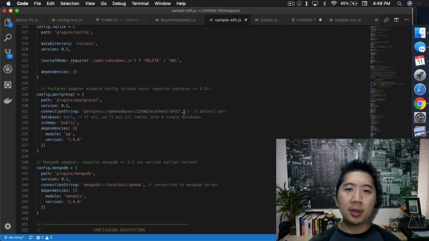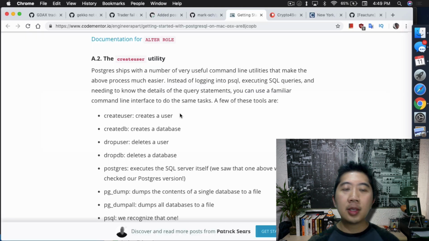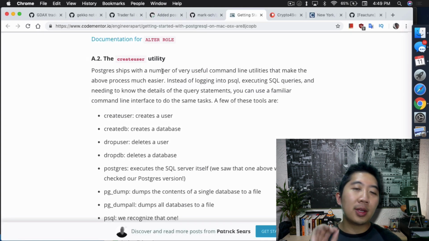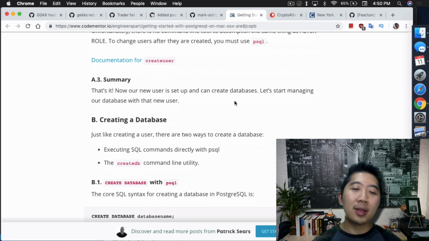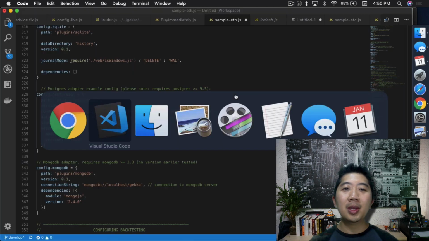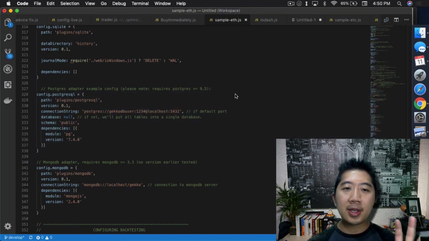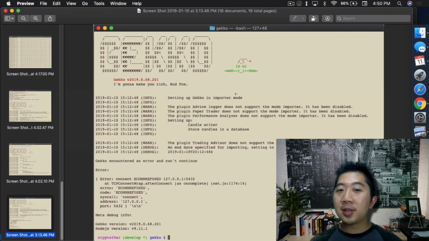That's very key. You also have to set the localhost as well. It's all inside the createuser utility. You can set the user, the password, the localhost, and the role that the user has. Once you've done all of that, you don't have to do the rest. You don't have to create a database or anything because Green Gekko does that for you. So once you have PostgreSQL running and the user set up, it should just work.